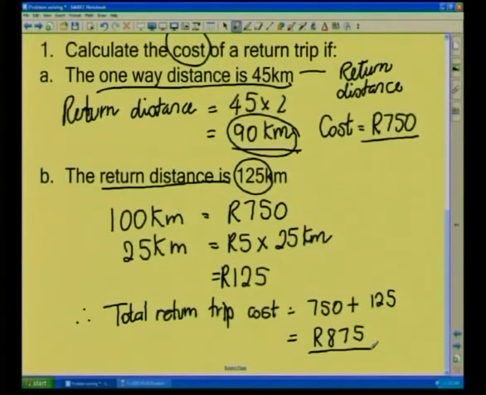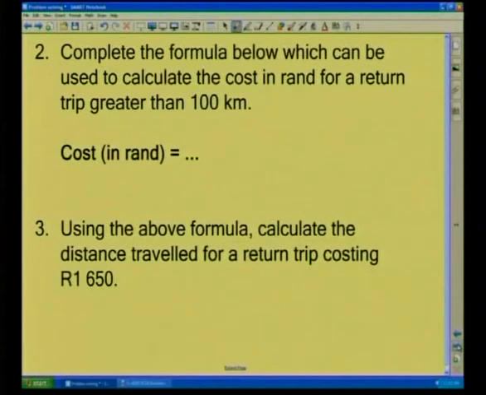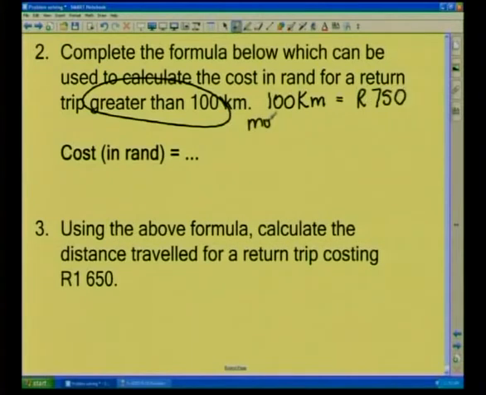Right, the next question. Part 2. Complete the formula below, which can be used to calculate the cost in Rand for a return trip greater than 100 kilometers. And remembering now that when we travelled 100 kilometers, our cost was 750 Rand, and more than 100 kilometers was equal to 5 Rand per kilometer.